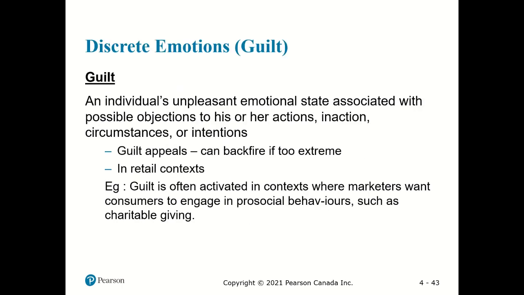Guilt. Sometimes we feel guilty, right? This is also an emotion: an individual's unpleasant emotional state associated with possible objections to his or her action, inaction, circumstances or intentions. Guilt appeals can backfire if too extreme, and that may be in a retail context. Guilt is often activated in contexts where marketers want consumers to engage in pro-social behavior such as charitable giving, right?